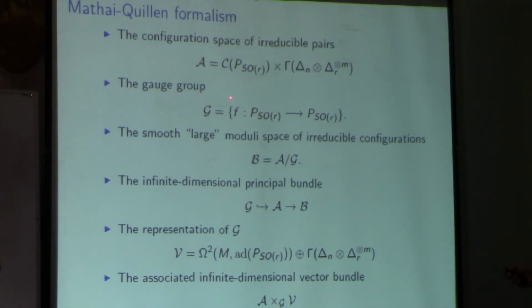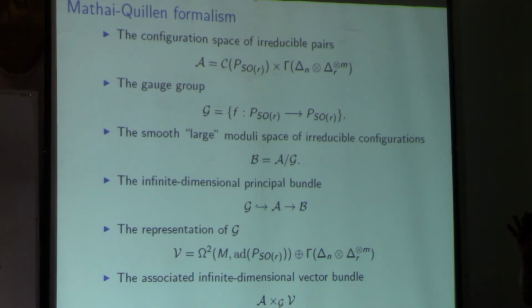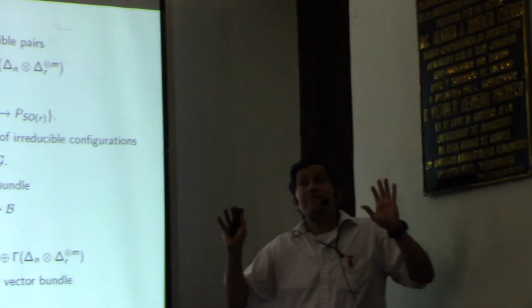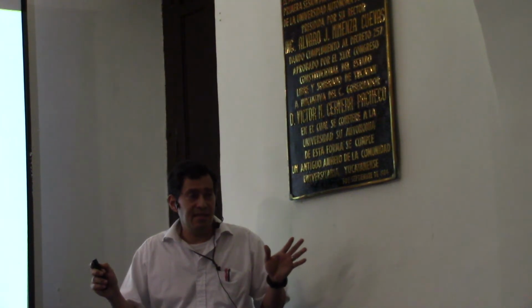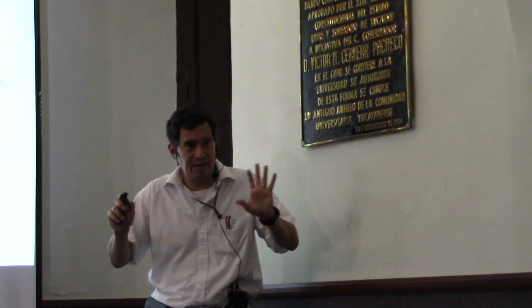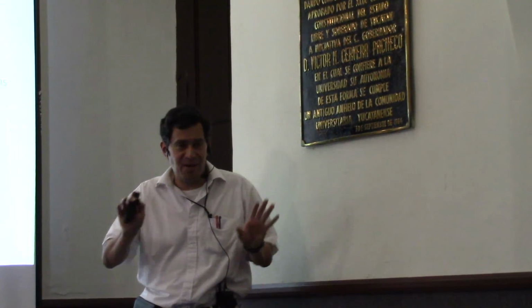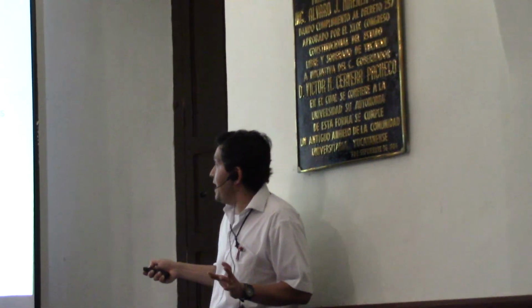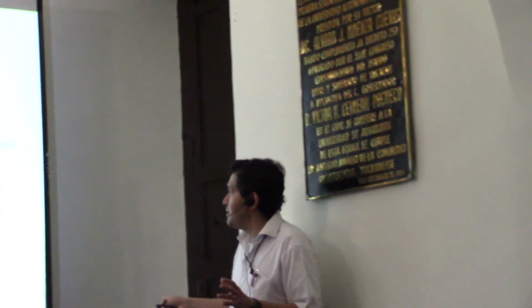So it's the gauge transformations of the auxiliary bundle. That is the gauge group. We have a smooth, large moduli space of irreducible configurations, which is the assumption, a quotient of A by G. Now, I'm being very careless in details. I'm not talking about centers or effective actions or something like that, but the story more or less goes like this, okay? Then we have an infinite dimensional principal bundle.